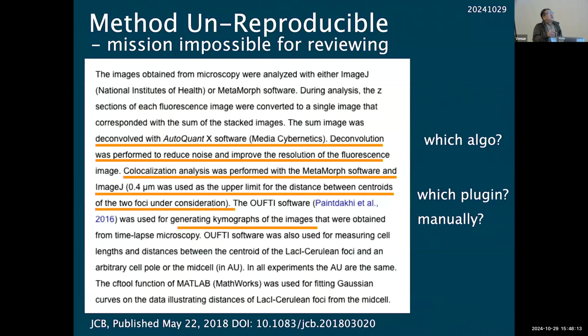Then there are cases of more detailed descriptions. Yeah? So it's much longer than "ImageJ was used," so that you see a lot of details. But if you look in detail, there are a lot of things that are not really clear about what was done. For example, deconvolution. There is no indication about which algorithm was used. So there's some co-localization analysis, but we don't know which plugin or which software was used, or was it really custom made?